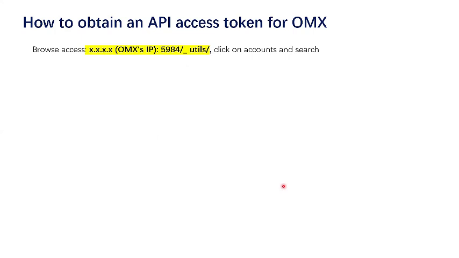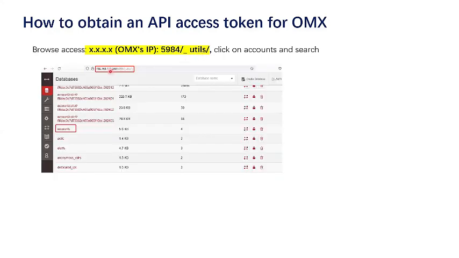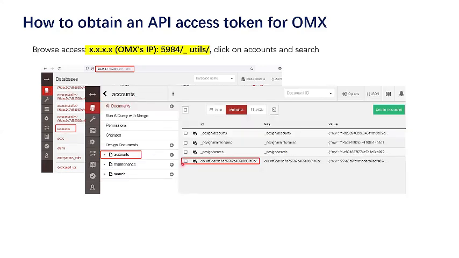And now how to get the API key of the OMX master account. You need to browse to the OMX IP address, then use this port, then /_utils/. Here, this is just to show you, go to this account. Once you click that one, it has to be in this directory, then click this one with the CDC prefixes.